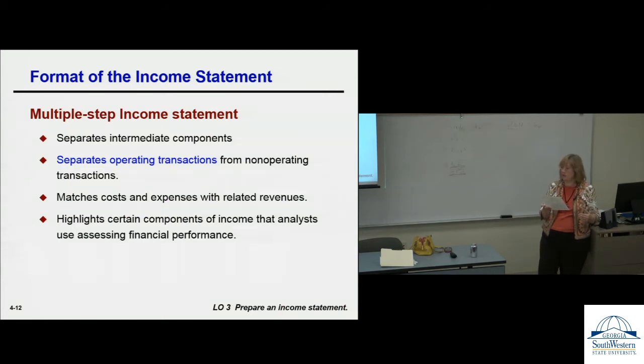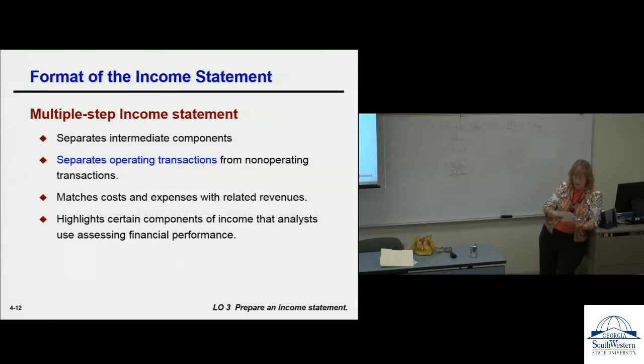So my point is that we only put the revenue from operations up there in operations, and then we put the gains and the losses down there after operating income. So we've separated out our revenues. Why is that?